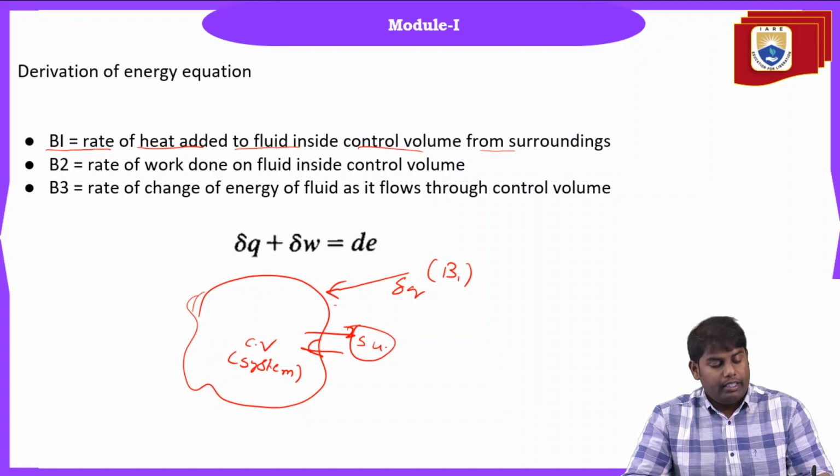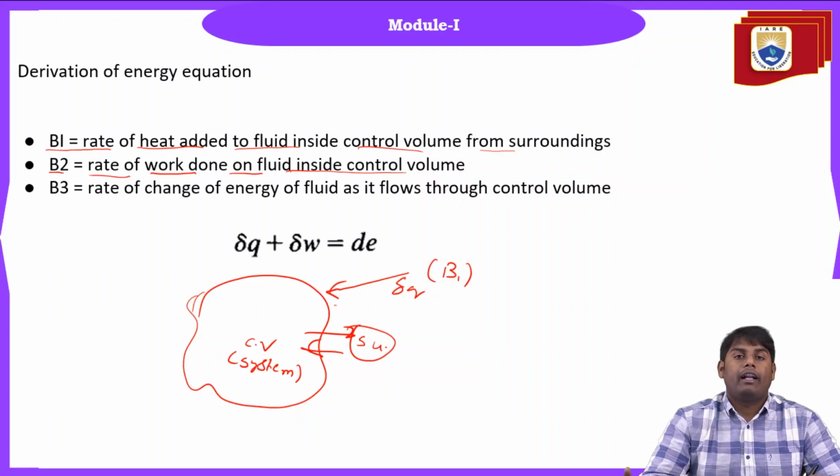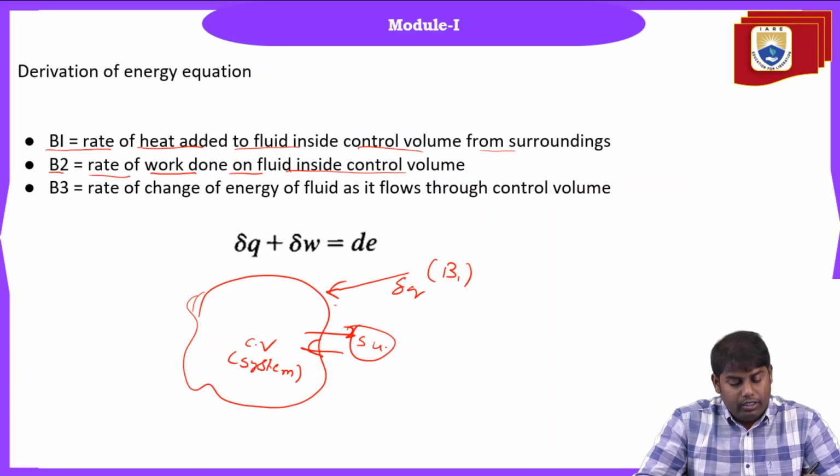Fine. Next, we have B2. What is B2? B2 is called the rate of work done on the fluid inside the control volume. So here we have an additional entity, which is called delta W. Delta W is nothing but the rate of work done inside the control volume.